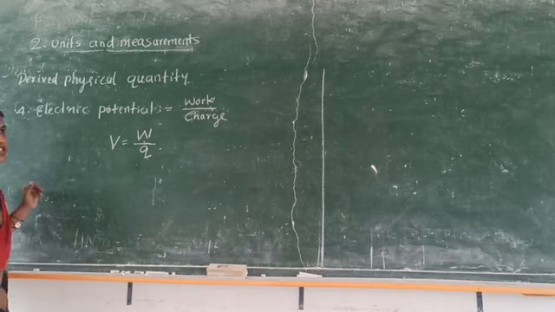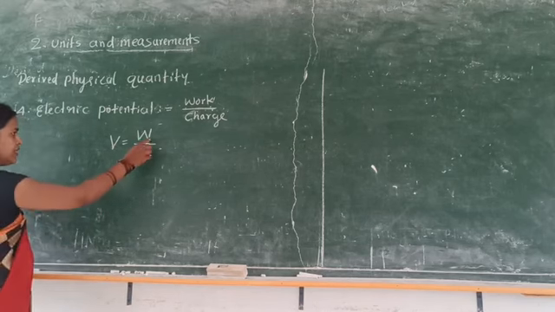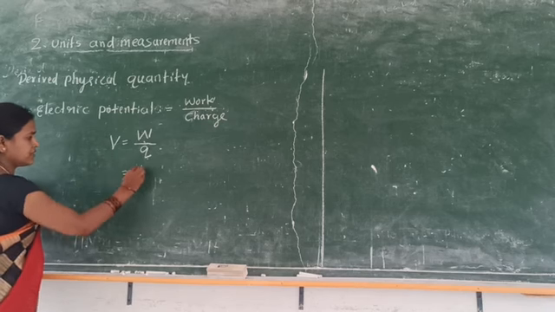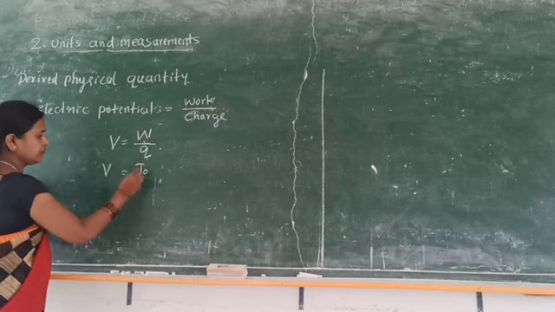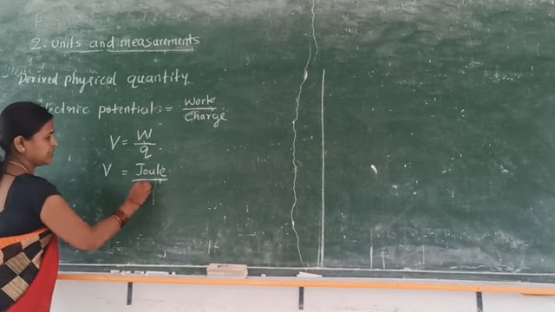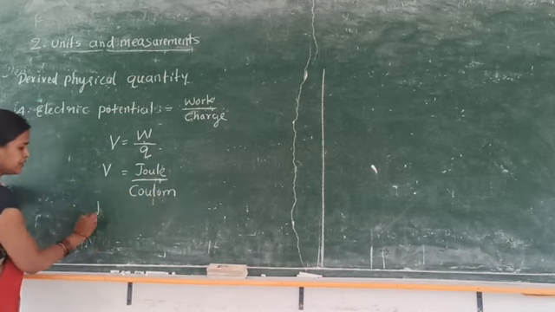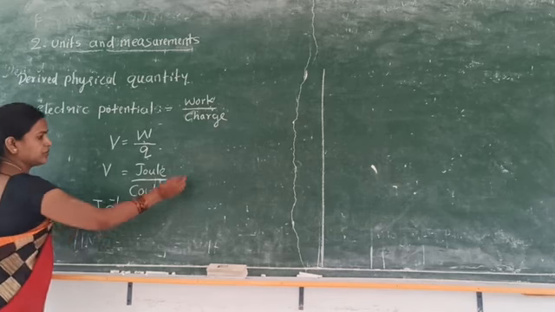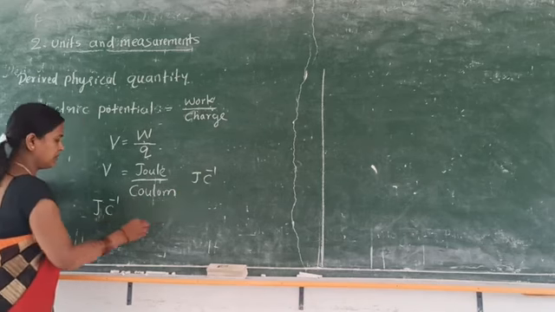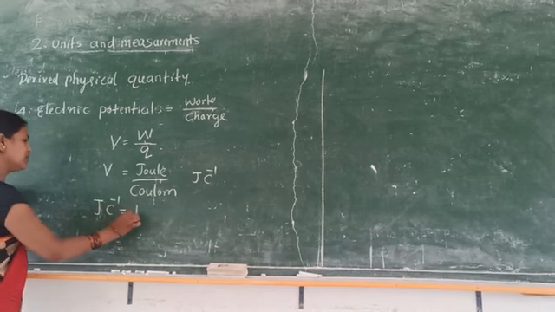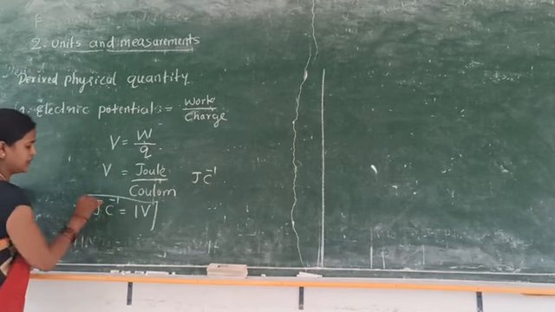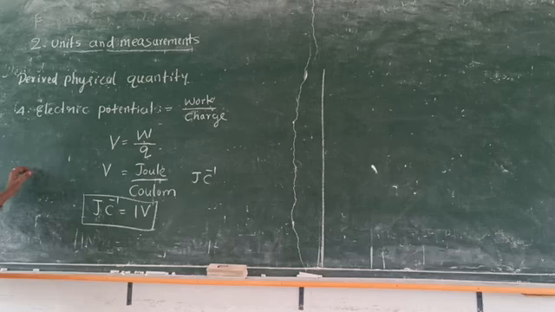It is measured in volt. Work is in joule and charge is in coulomb. Therefore the unit is joule per coulomb. So 1 joule per coulomb is equal to 1 volt. Okay, this is electric potential.